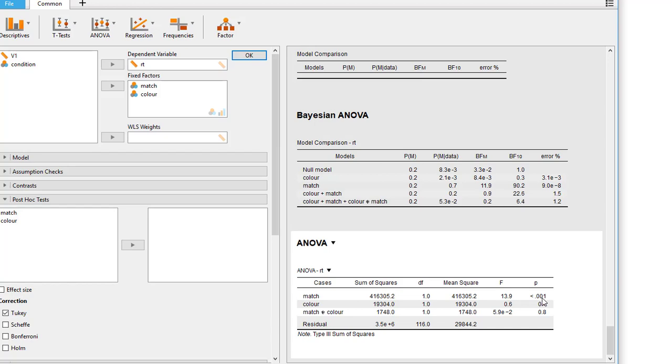The probability is less than 0.001, so we reject the idea that the null is true.